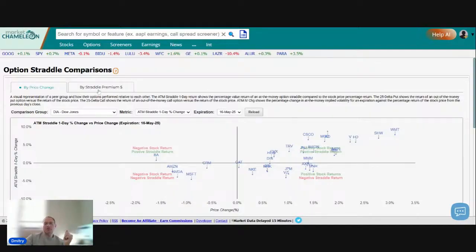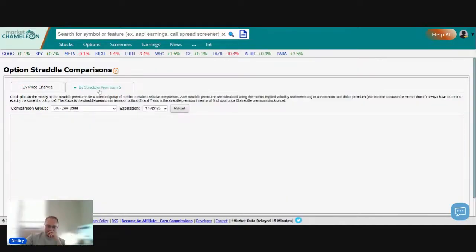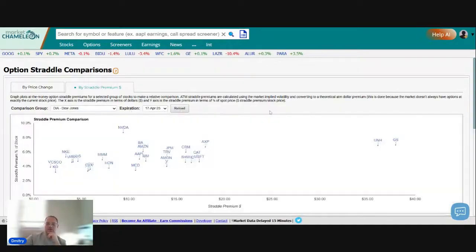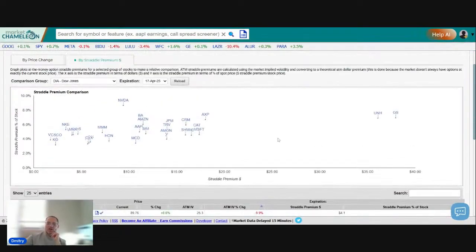So you see these tabs, click on that. Now this will bring up a comparison group. You'll have to hit load, but let's leave this at the Dow Jones Industrial. You could click on that and choose a different group of stocks and an expiration. So if we load that up, now we get this different graph.